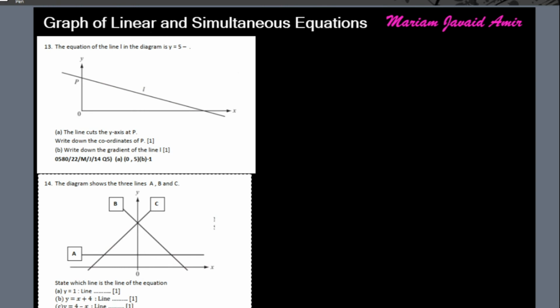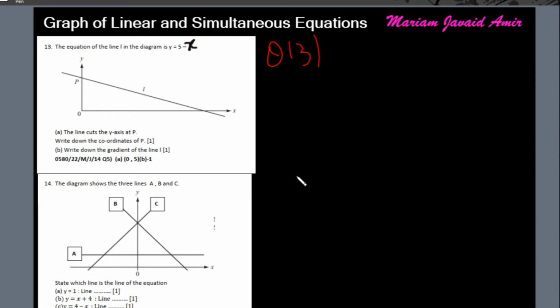Next up is question number 13. For that, simply in part A, please make this correction. This is 5 minus x. Alright, so going back to the question, the equation of the line L in the diagram is y equals 5 minus x.